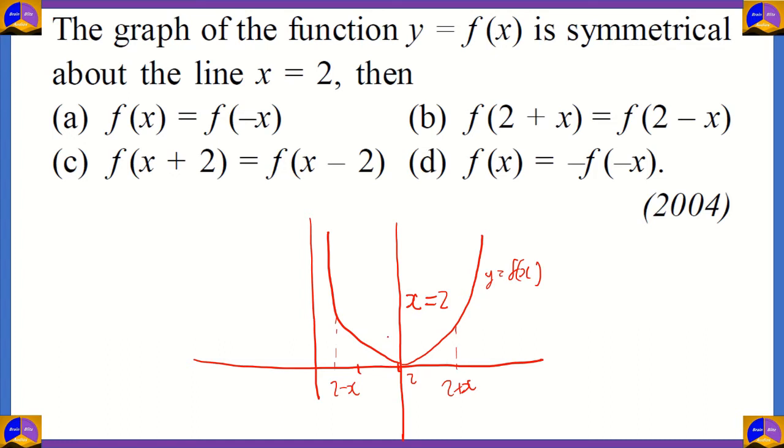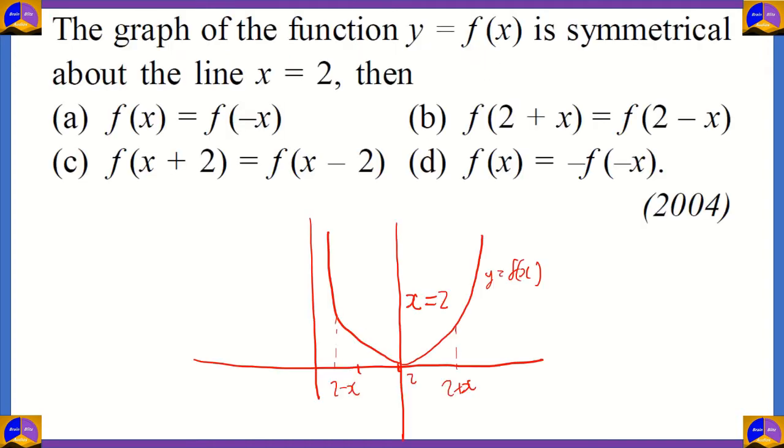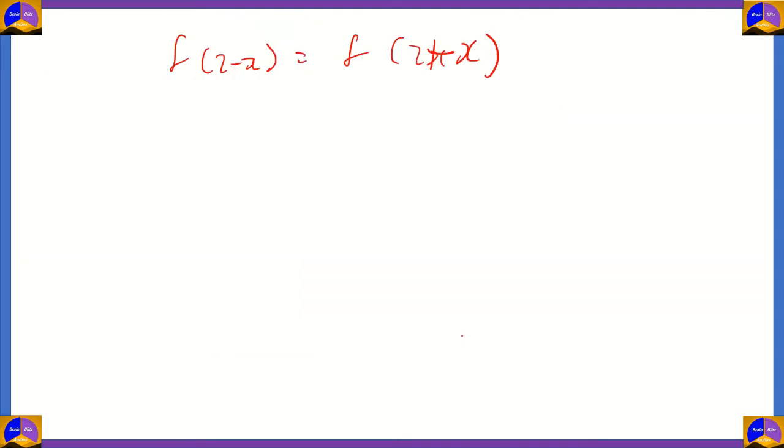So because of this representation, you can write f of 2 minus x is equal to f of 2 plus x. Because if you look at the graph, if we take the same distance on both sides of the line, and if we take the f of x at those points, then you can write that both the functions are equal because they have the same value.